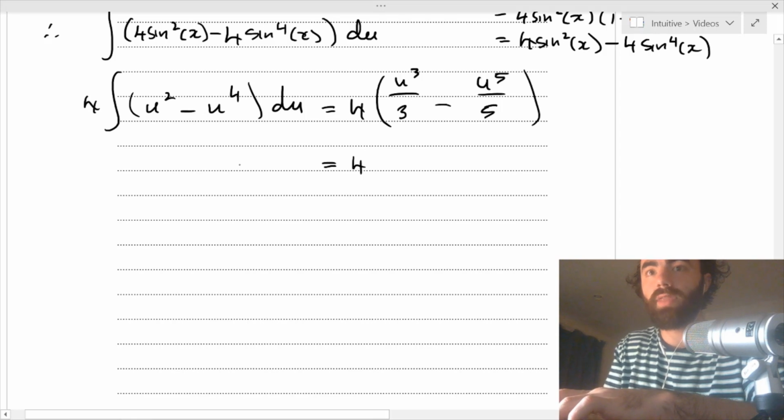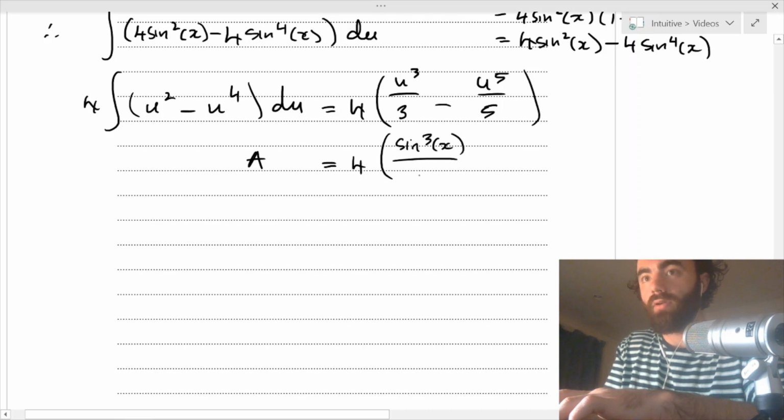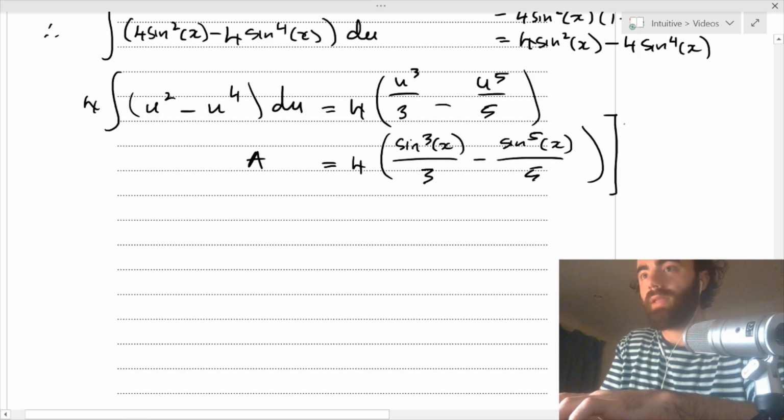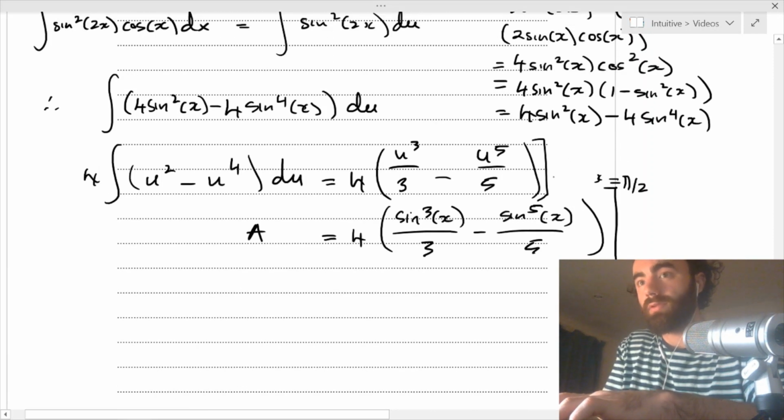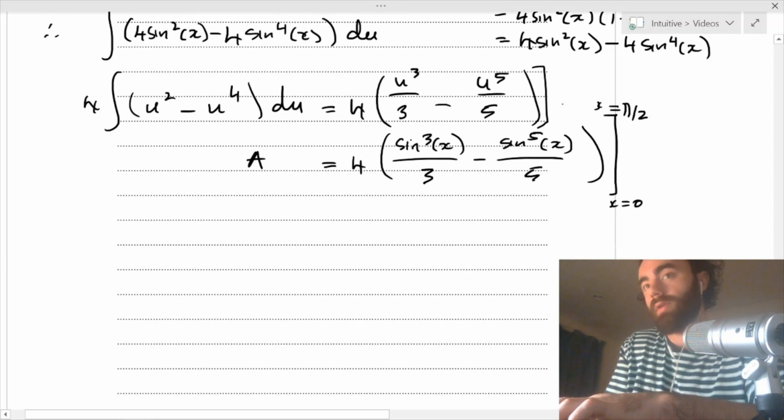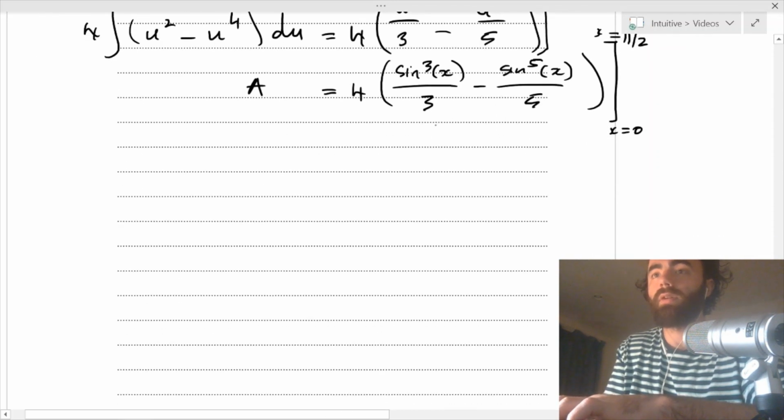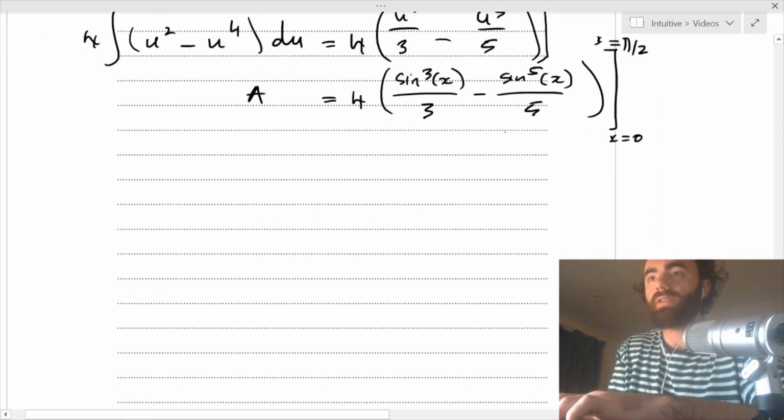So if we actually want the area, this is going to equal 4 times sine cubed x over 3 minus sine to the 5 x over 5, between the limits of x equals pi over 2 and x equals 0. You could have kept it like this and done it between the limits of what u would be, but then you'd have to sub it in and see what u would be. But I just changed it back, so this is one way to do it.